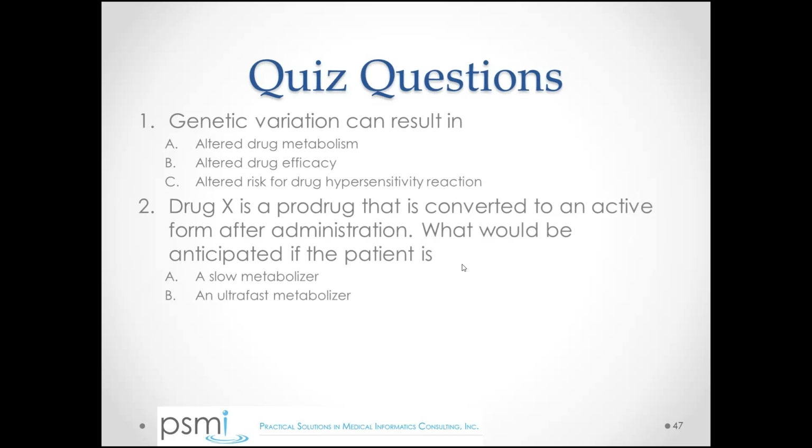Less effective, that's right. It's going to take a very long time to convert the prodrug into the active form. What if the patient is an ultra-fast metabolizer? Toxic. Could be toxic, that's right. That prodrug is going to be rapidly converted to an active form, and they could become quickly toxic. Very, very good.